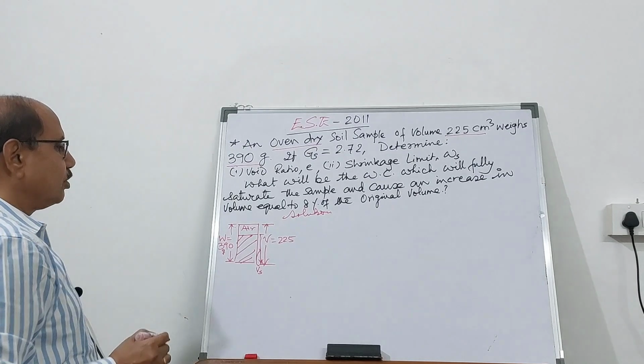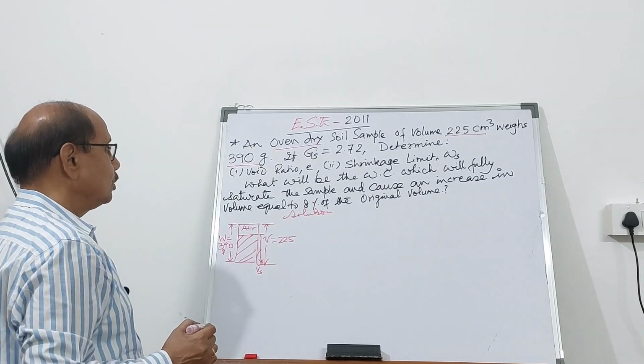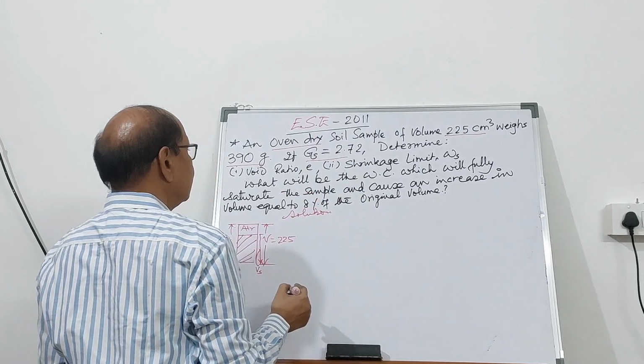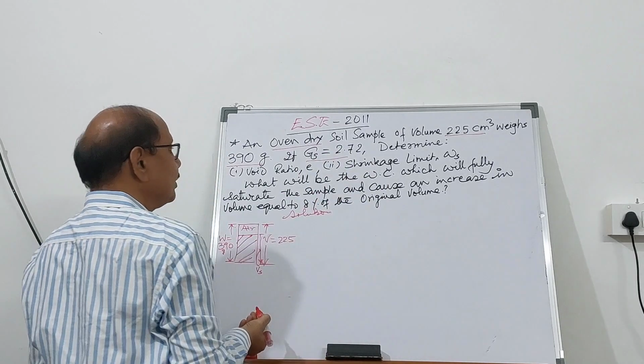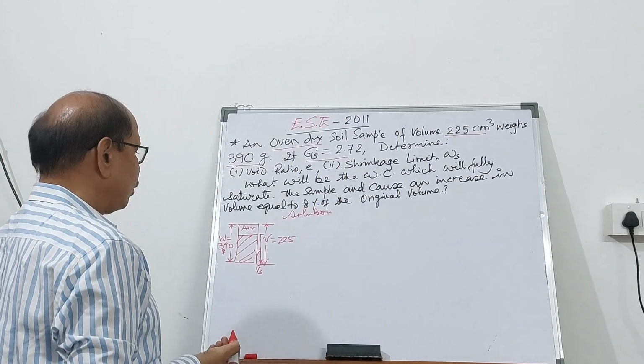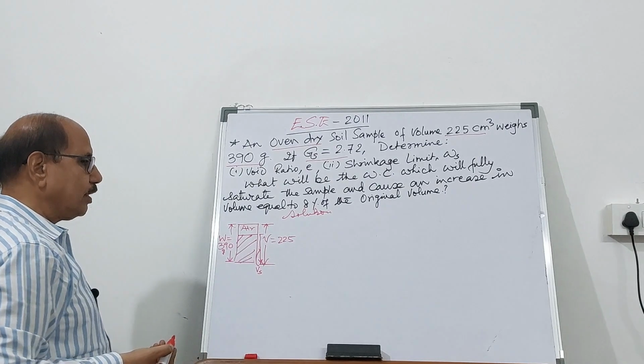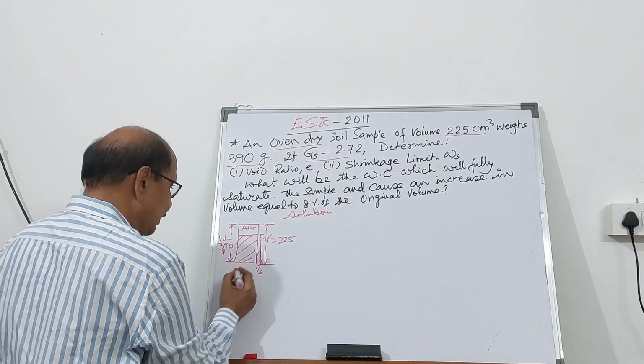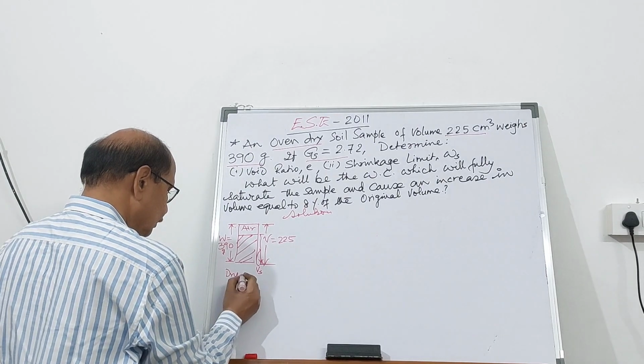So the total weight is also known to you, and Gs is already given. So the void ratio can be easily found out, because it is oven dried, it is a dry sample.